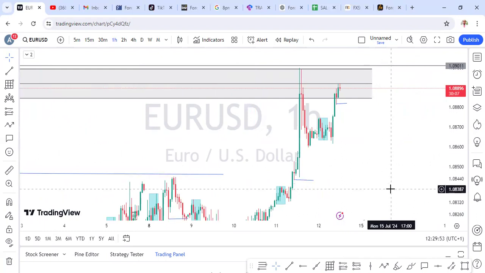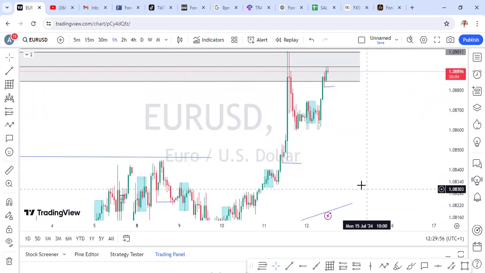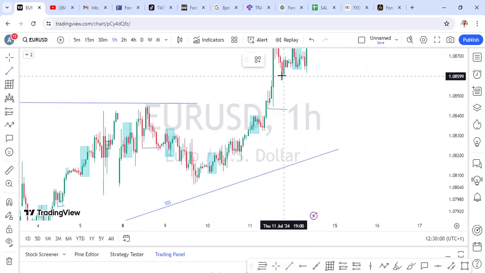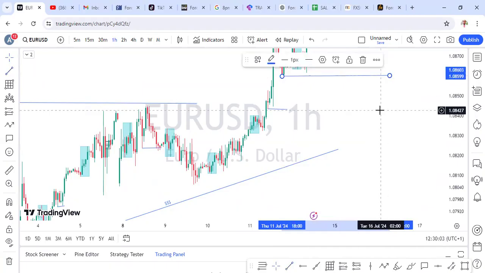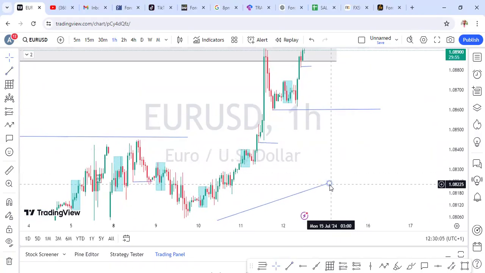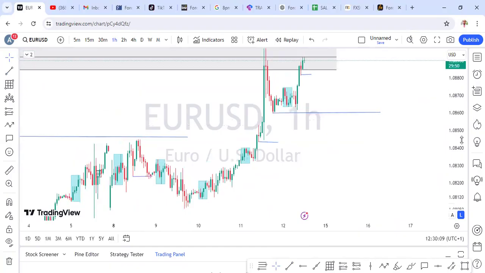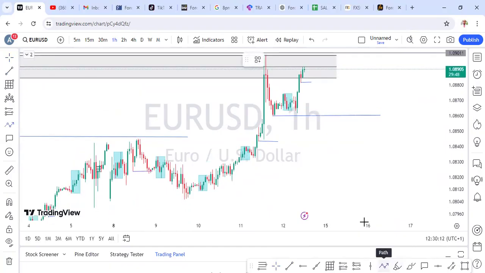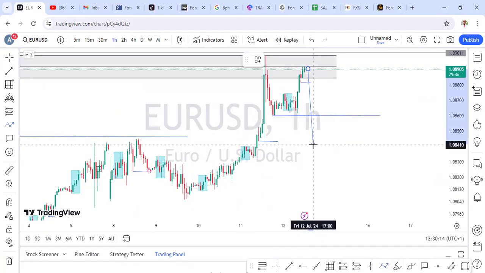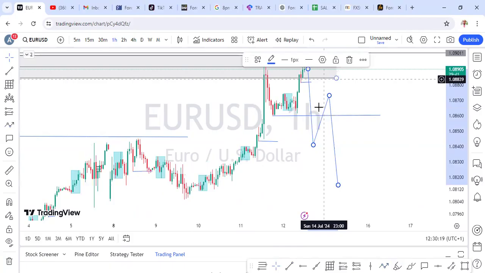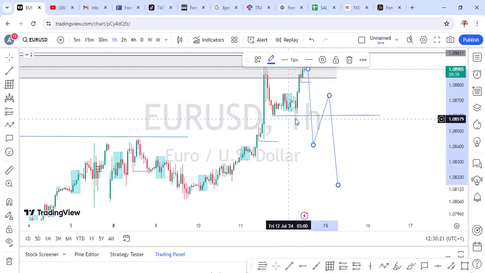So under 1 hour, if price now sweeps this low in the 1 hour time frame, that would be very good, okay, that supply will hold. So if we have price break, boom. There is a lot of liquidity residing here, people that bought from here, with stop losses here.